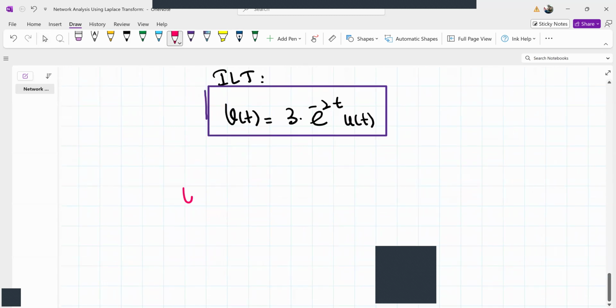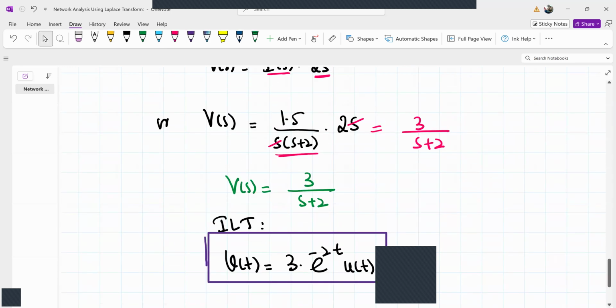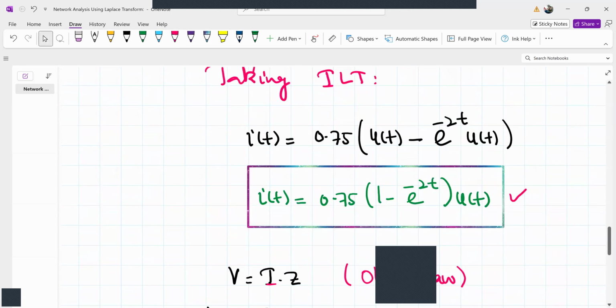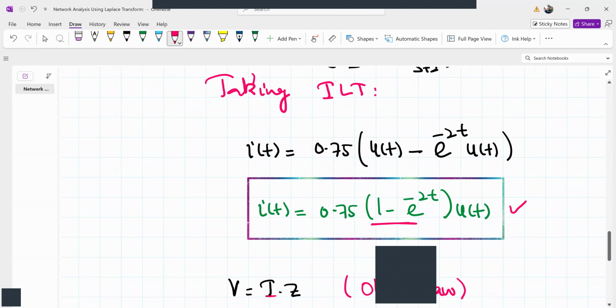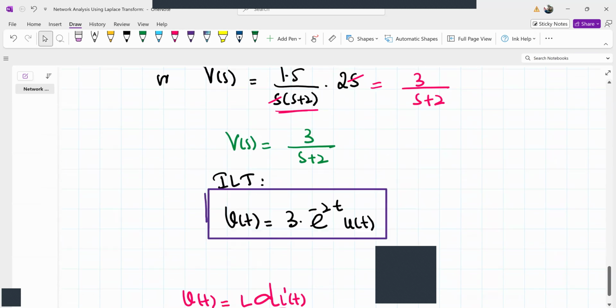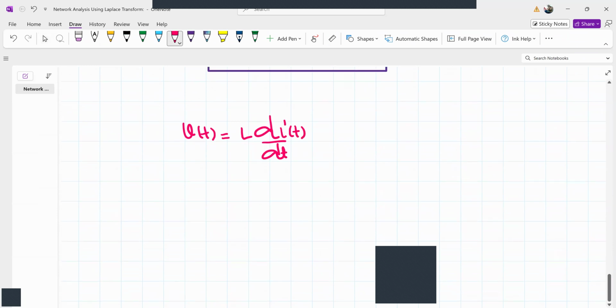In an inductor, V of t is simply L di/dt, and I of t is here. We can apply this differentiation to this equation directly and find it. So we can also use this once we have found I of t.